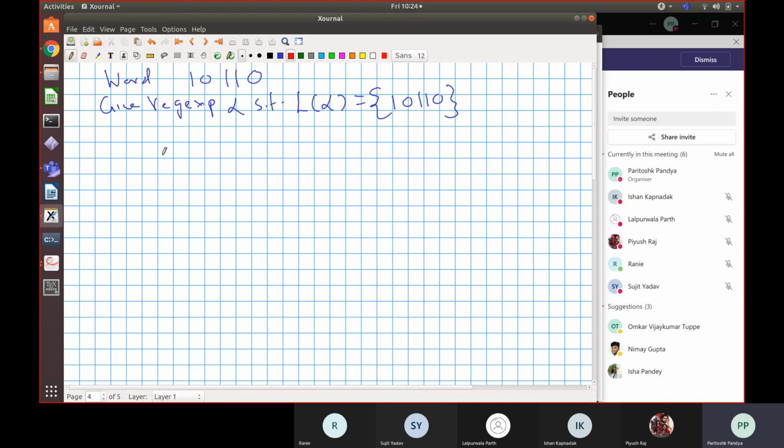So I'll write regular expression in red. So I'll use the atomic expression 1 and I'll catenate it with 0. Then I'll catenate it with 1, catenate it with 1 and catenate it with 0. So this regular expression, what will be its language? Sujit?